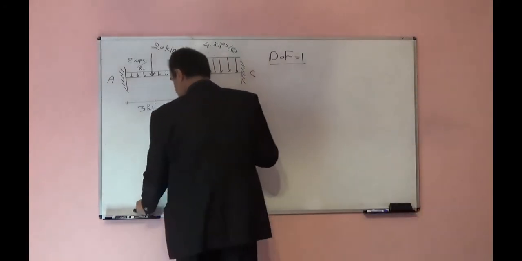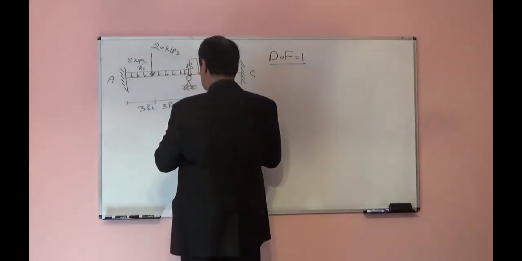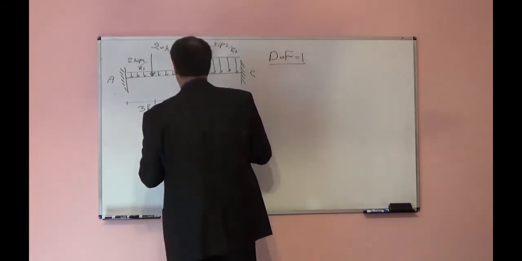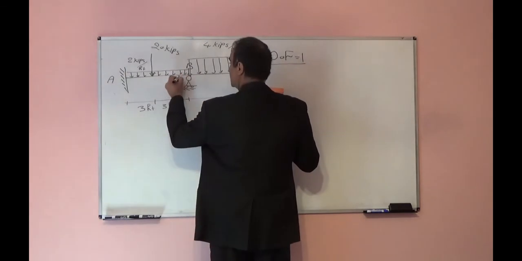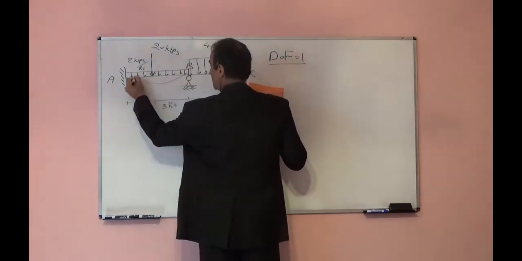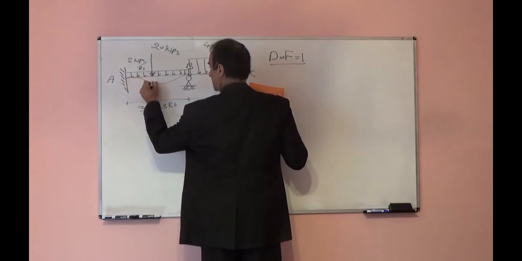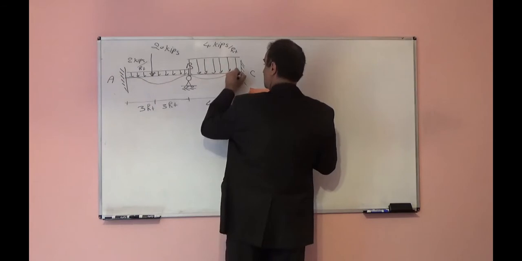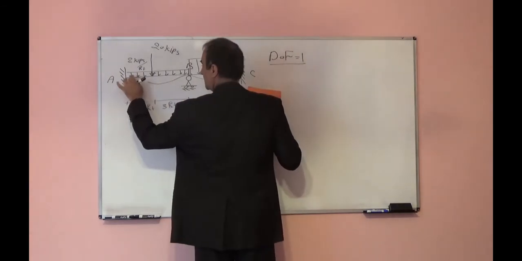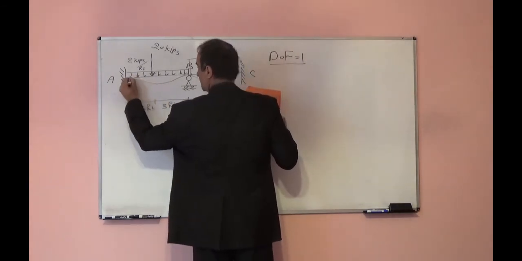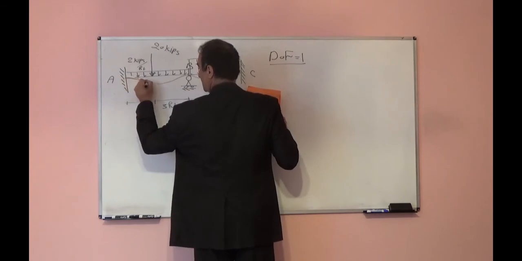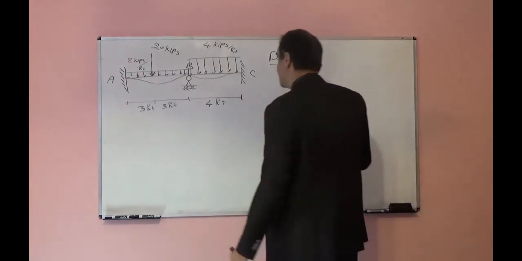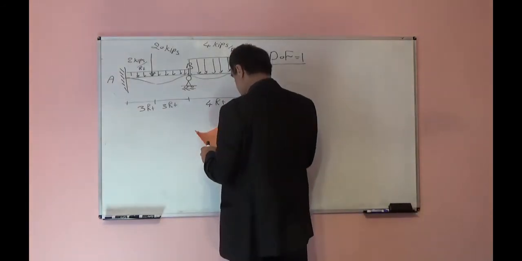If I visualize the deformed shape of this beam, it will be roughly something like this. So you see the theta B here is unknown.